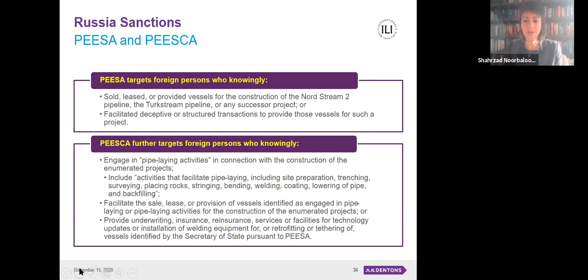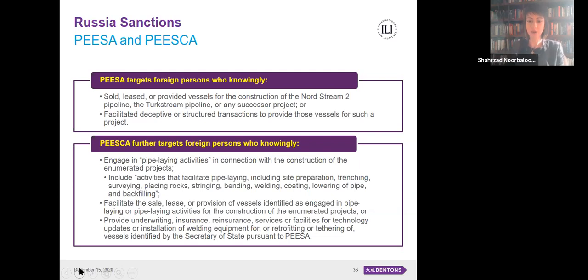In addition, Congress just Friday adopted PEESCA, in the latest National Defense Authorization Act, which expands upon PESA. PEESCA is the Protecting Europe's Energy Security Clarification Act, and it expands on PESA by sanctioning pipe laying activities in addition to mere pipe laying, which was targeted under PESA. Pipe laying activities are defined to include activities that facilitate pipe laying, including site preparation, trenching, and surveying, among other types of activities.